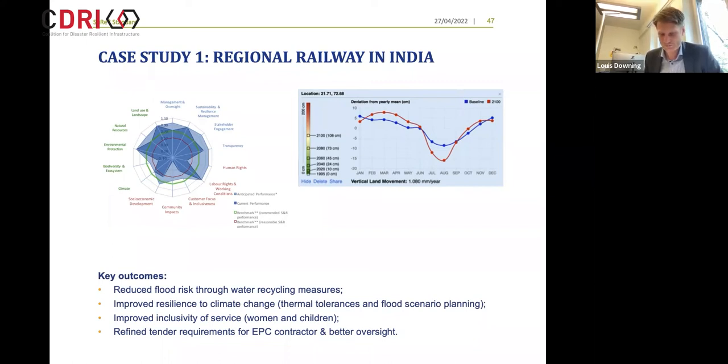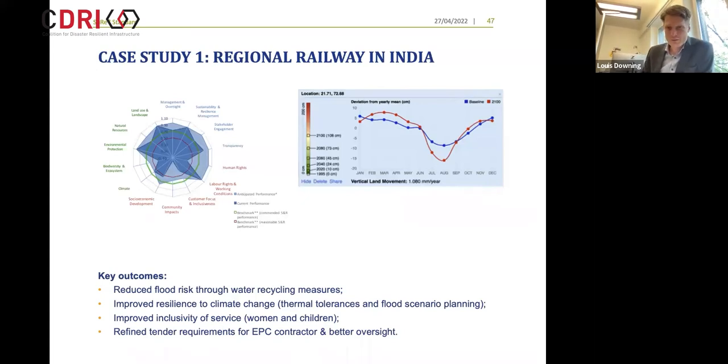However, the project's main purpose was to transport freight to the coast, and most of the factories and the industry that it was servicing was going to be severely impacted by sea level rise. So whilst the infrastructure itself wasn't being impacted, its supply chain really was. For that reason, it was very, very high materiality.